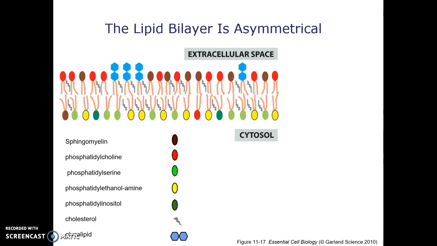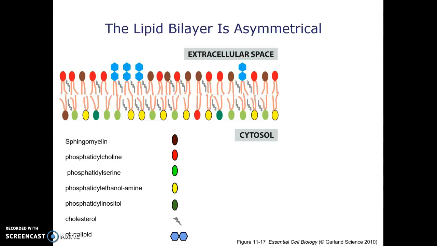If there's ever a signal for apoptosis, then you get the production of a protein called scramblase, and scramblase can move the phospholipids in either direction. And so then you'll start to have phosphatidylserines on the outer leaflet, and that's a signal to macrophages to engulf the cell.